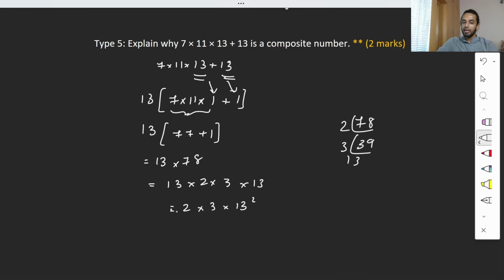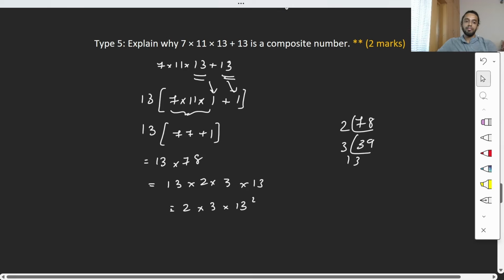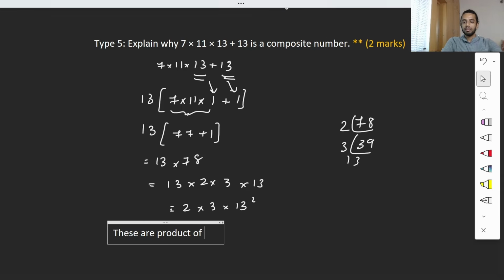So therefore we conclude by writing that these are a product of primes, and hence the given expression is composite.